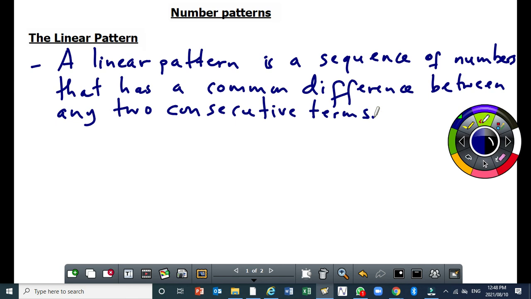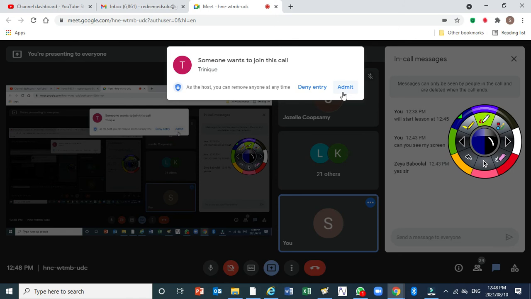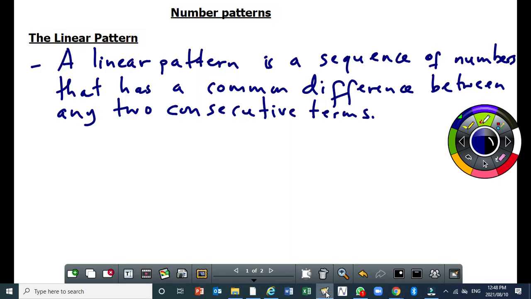Okay, so a linear pattern has got what's called a common difference. And that common difference is constant. It doesn't change. Okay? So let me move on to the general term.